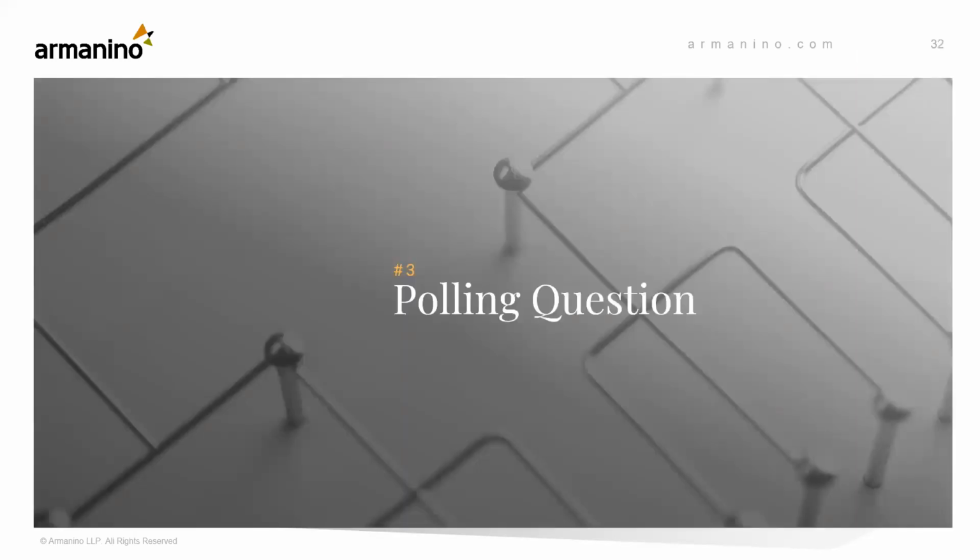And with that, we will launch our third polling question. So this polling question is, can you automate revenue recognition on contract lines? Single choice, yes or no. And I'll give you a moment to answer that.